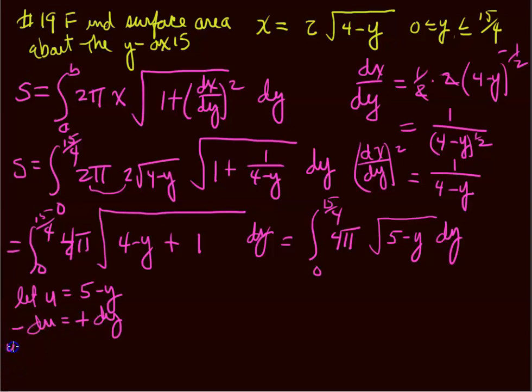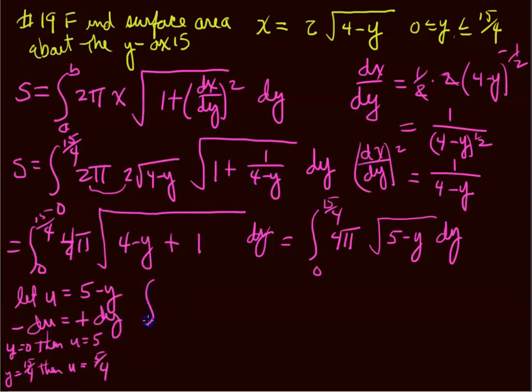Also, when y equals 0, then u equals 5. When y equals 15/4, then u is equal to 5/4. 5 is 20/4 minus 15/4, which is 5/4. So those are going to be our new limits.